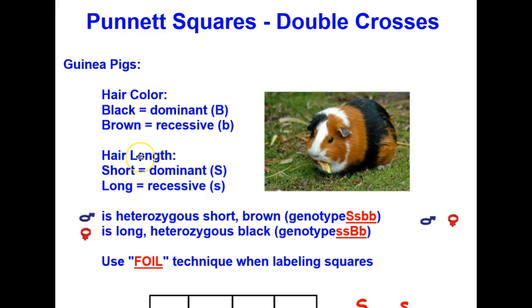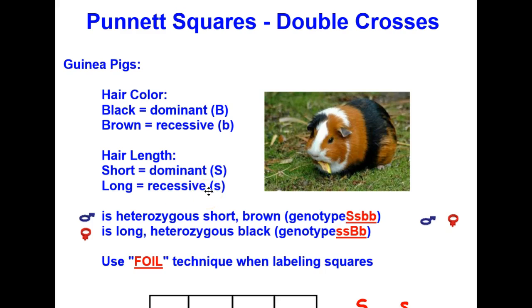The length of hair on the guinea pig, short is dominant, therefore capital S, and long is recessive, therefore lowercase s. Now in a dihybrid cross or a double cross, what you're going to do is combine hair color with hair length to discover what the possibilities are when various options produce offspring.